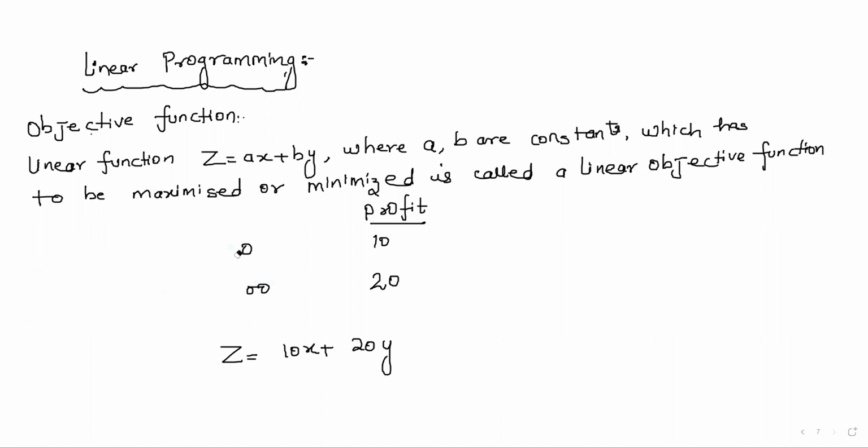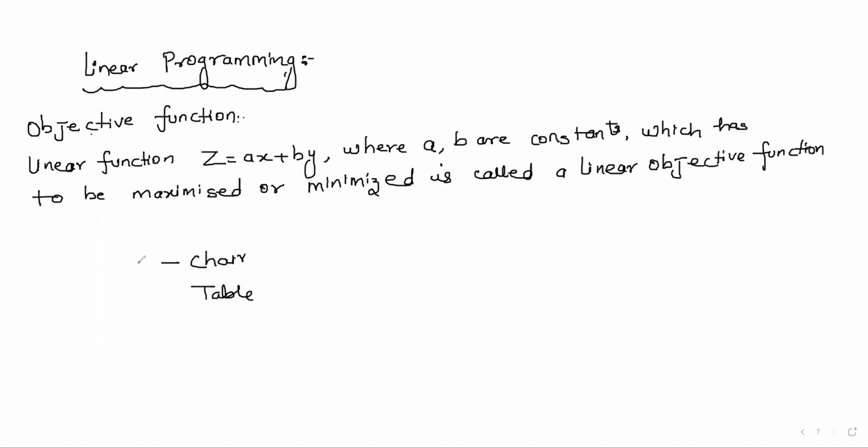Yes, sir. Sir, can you repeat once more? Yes. What is an objective function? Any function which you wish needs to be maximized or minimized. For example, if you're selling a chair and a table, and if you sell one chair, your profit, suppose, is rupees 10. If you sell a table, then your profit is 20. Suppose you're selling x chairs and y tables, then your profit is 10x plus 20y. You wish your profit should be maximum.